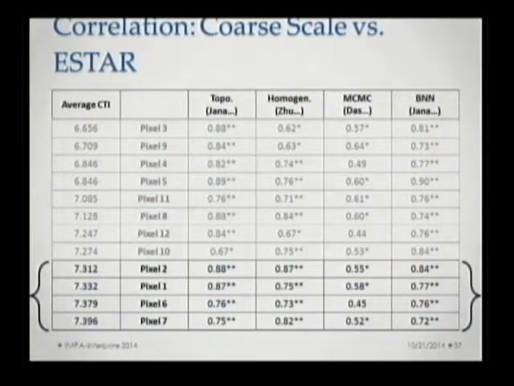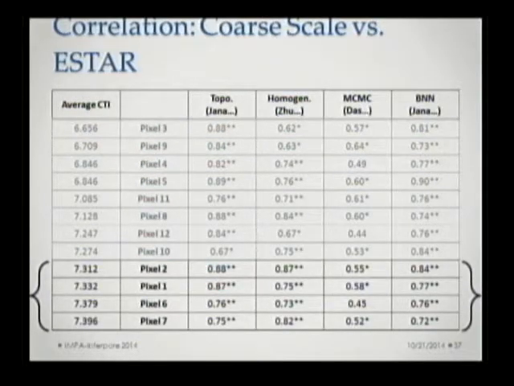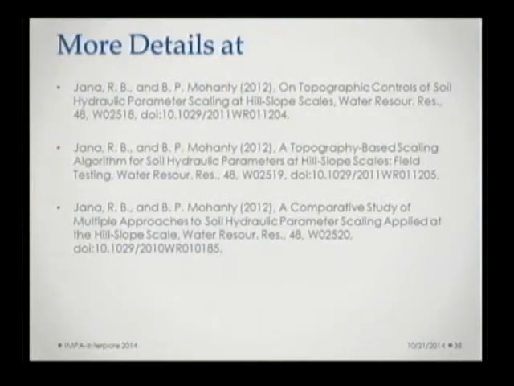And this, of course, is based on topography, right? So basically, at coarser or more complex topographies, including the topography in the scaling algorithm made a significant difference in how the scaling algorithm performed. Right? So with that, I think these are some of the papers which were published based on this work.